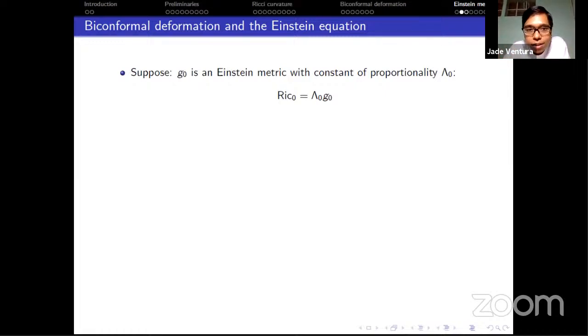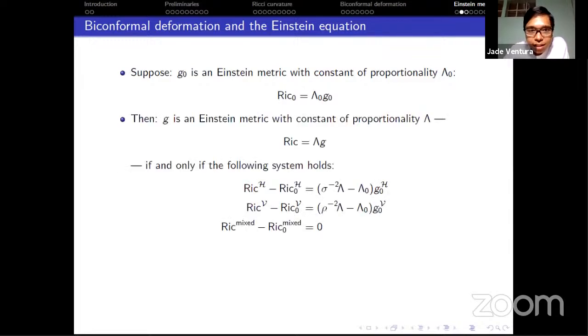And what we want is to answer the question, when is the new metric an Einstein metric also? So G is an Einstein metric with constant of proportionality lambda, that is Ric equals lambda G, if and only if the following system holds.